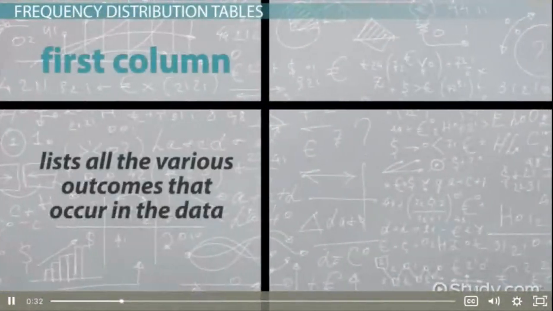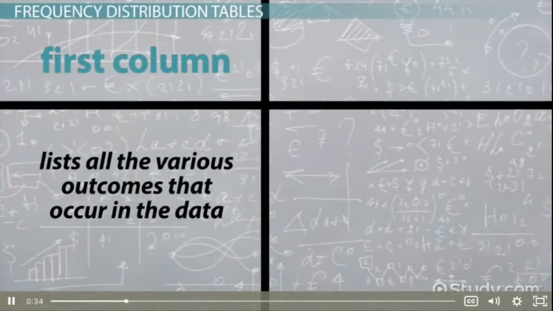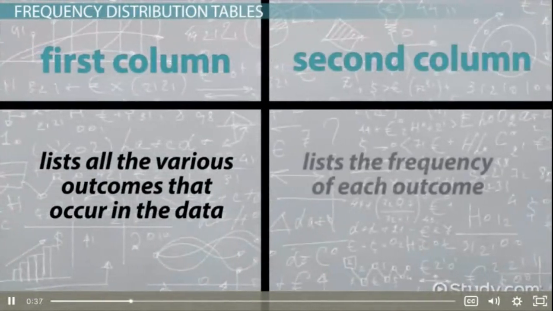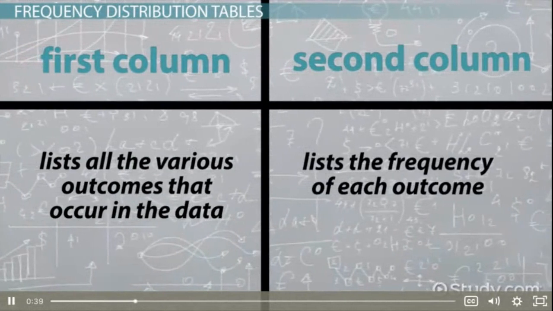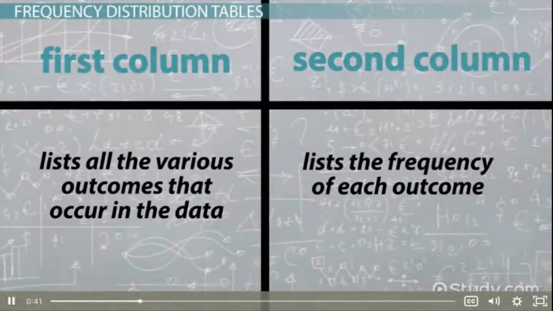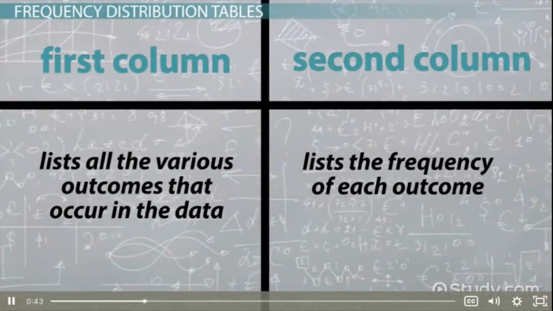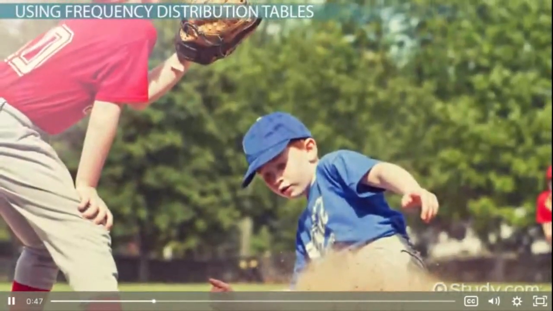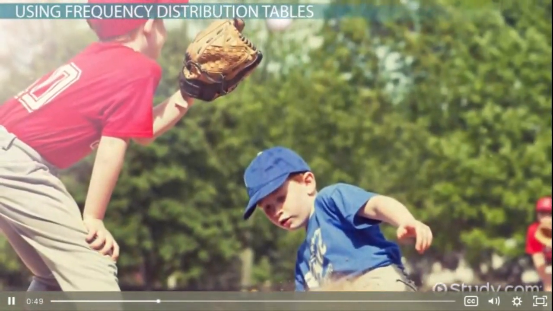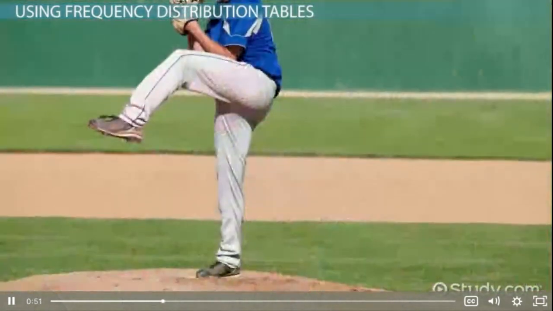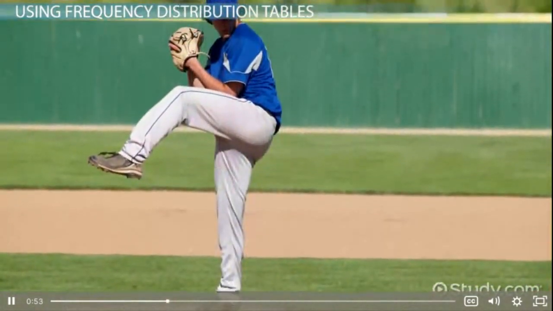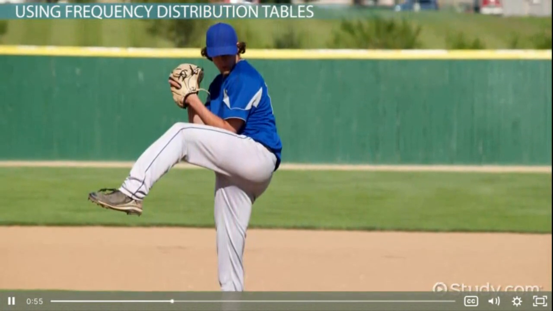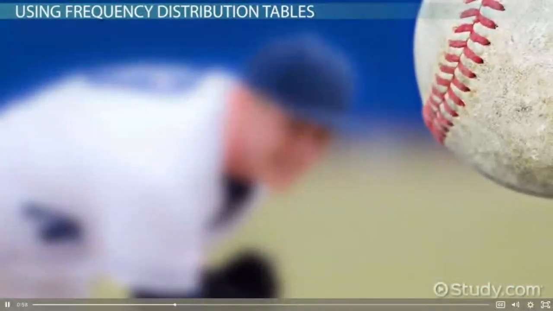The first column lists all the various outcomes that occur in the data, and the second column lists the frequency of each outcome. Putting this kind of data into a table helps make it simpler to understand and analyze. If a baseball team scored 0 runs in the first inning, 1 run in the second inning, 3 runs in the third inning, 0 runs in the fourth inning, 1 run in the fifth inning, 2 runs in the sixth inning, 0 runs in the seventh inning, 0 runs in the eighth inning, and 1 run in the ninth inning, we could create.